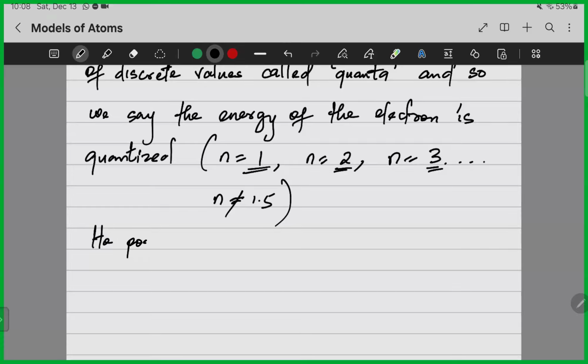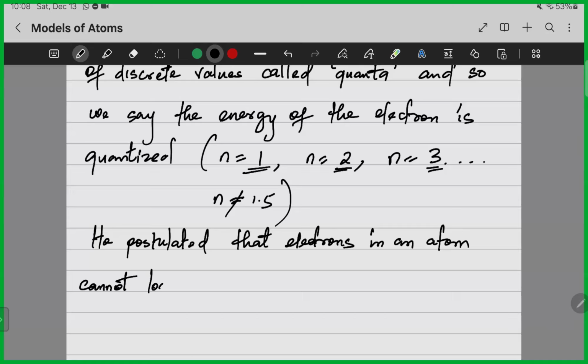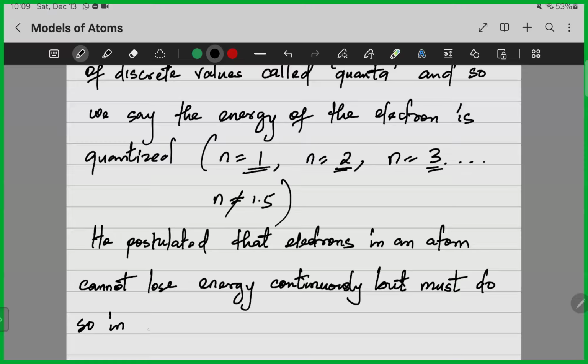He postulated, this is the Bohr model now, he postulated that electrons in an atom cannot lose energy continuously, but must do so in quantum jumps. So keep that in mind.